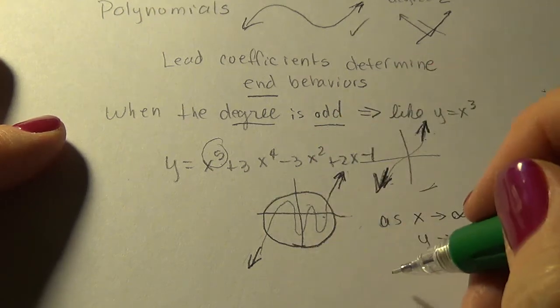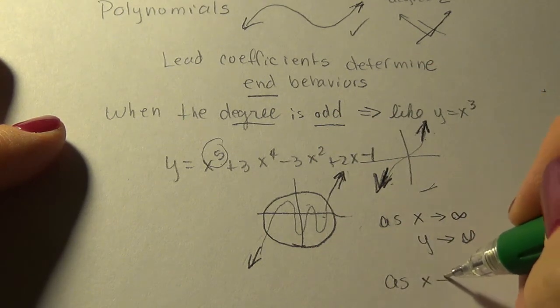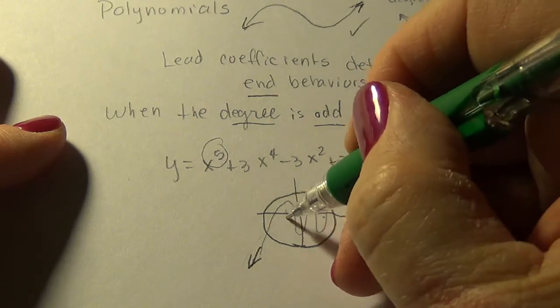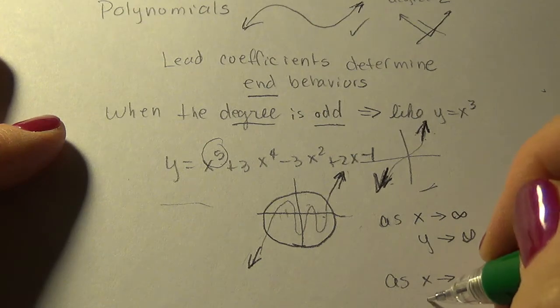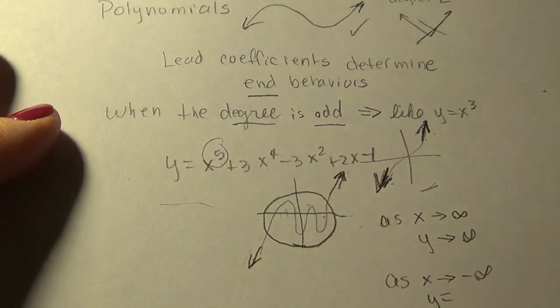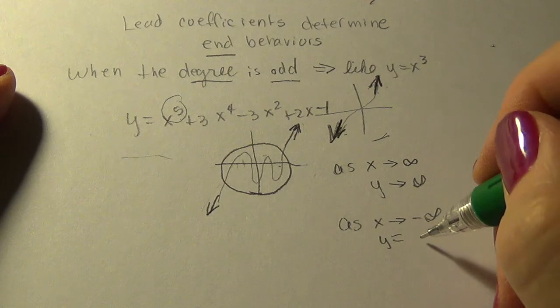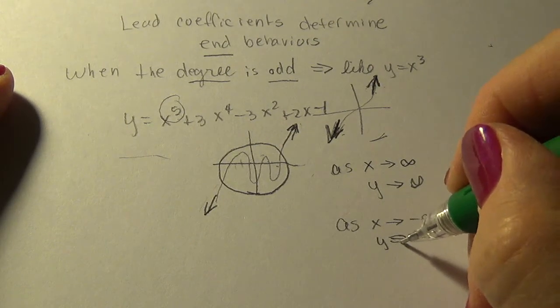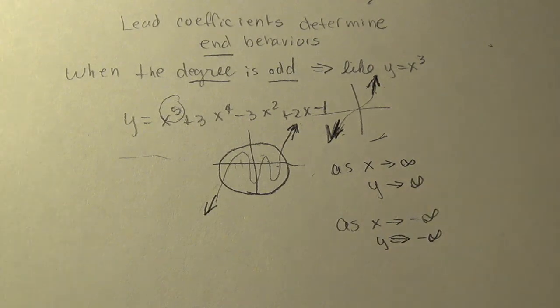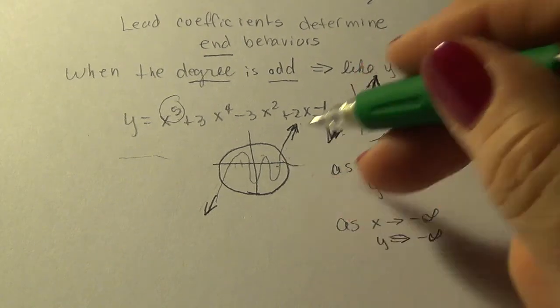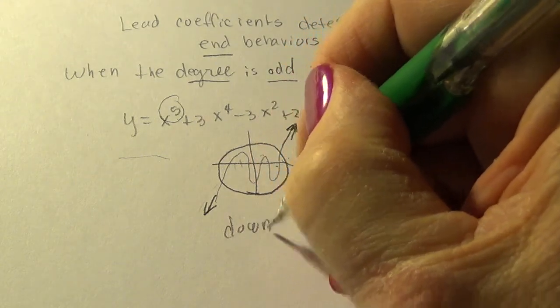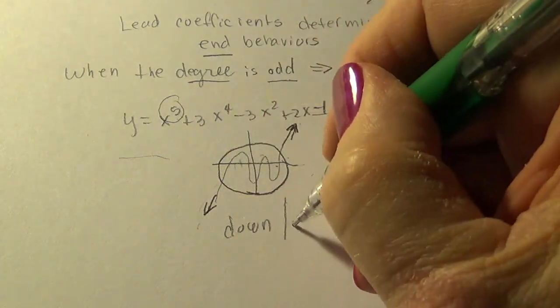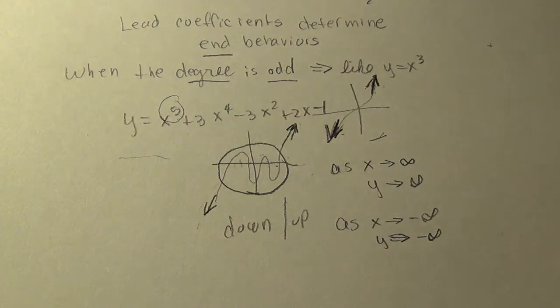On this side we say as x approaches negative infinity, so the values for x are getting closer to negative infinity, then the y value is also going down and approaches negative infinity. These are ways that we can describe that. Sometimes we just say it's a down up. So it came from down and it went up.